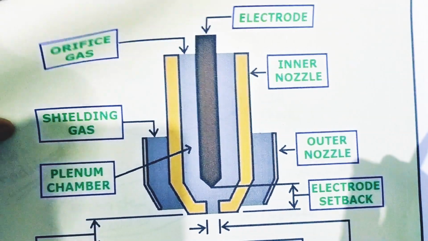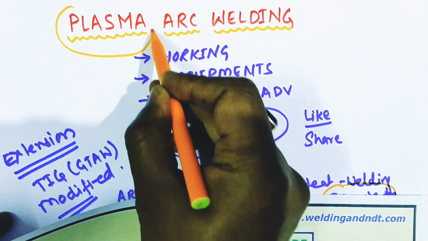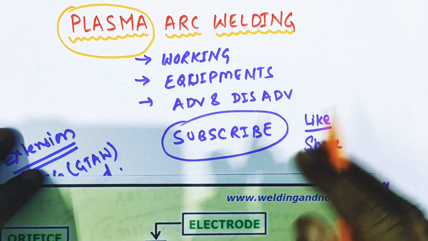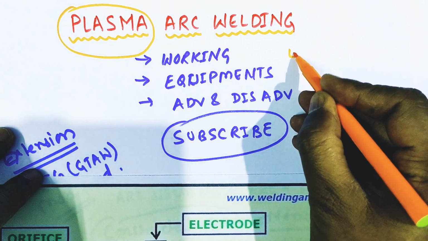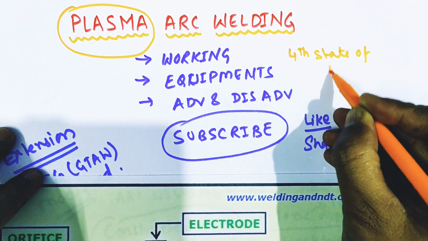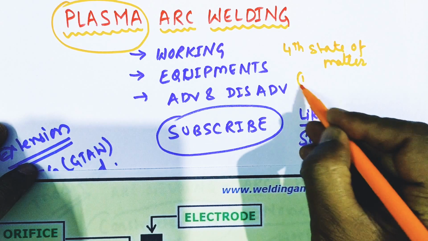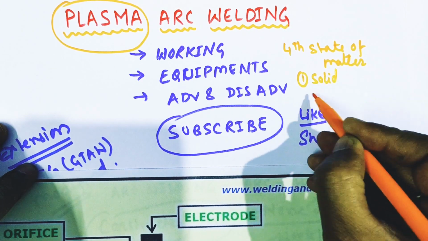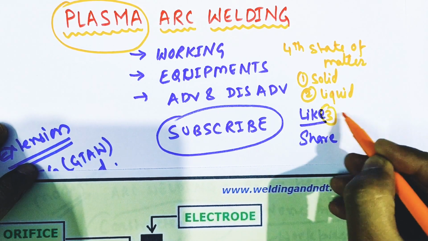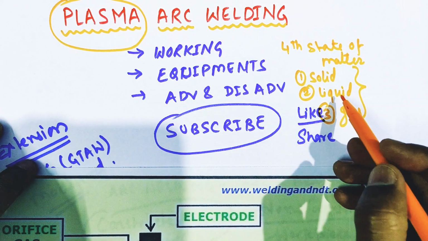One more thing I would like to tell you, about this term plasma. So what is plasma? For those who don't know, let me tell you very briefly that plasma is nothing but the fourth state of matter. Essentially we have three states of matter: the first is solid, the second is liquid, and the third is gas.